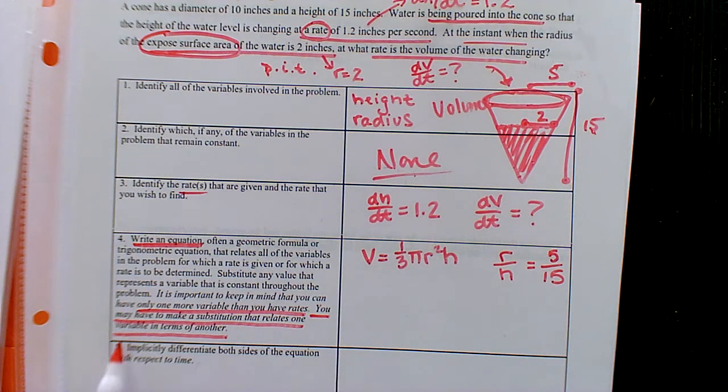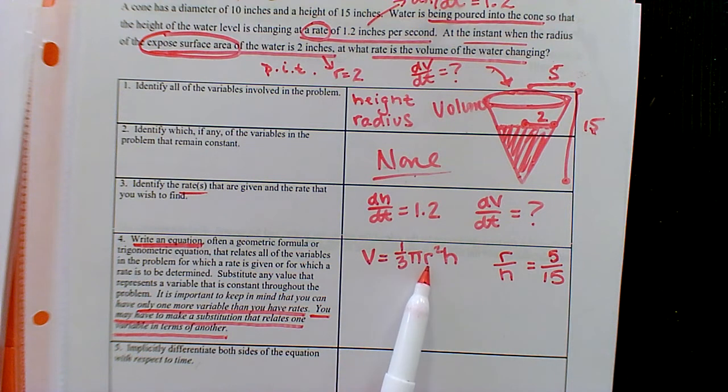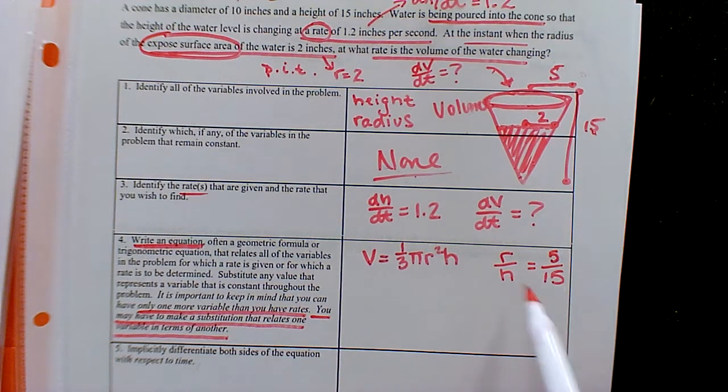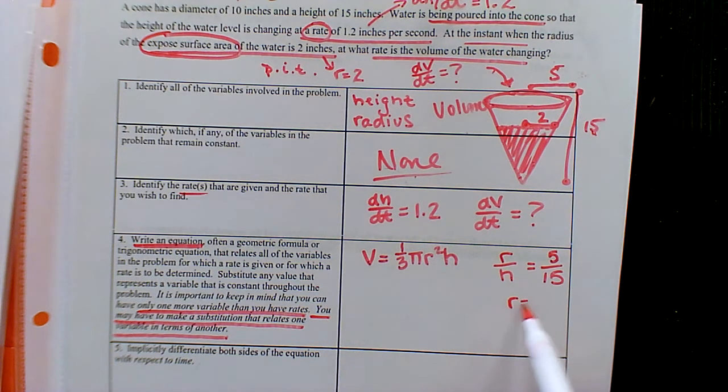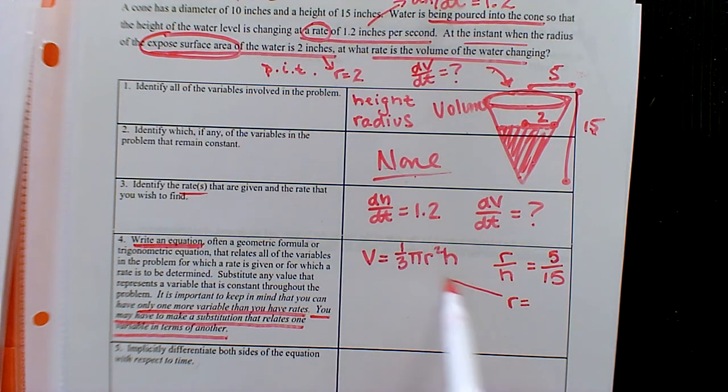Notice how that relates one variable in terms of another. We're relating r and h together. If we want to replace the r, because that's the variable presenting a problem, let's change this into r equals, that way we can substitute it in.